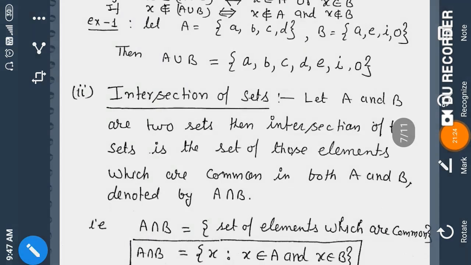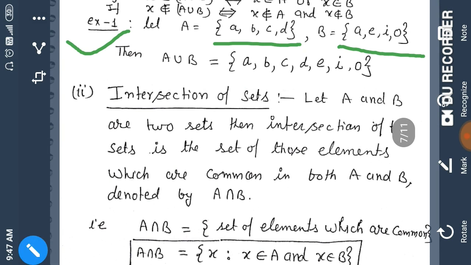Let's take example number 1. Let A be equal to {a, b, c, d} and B be equal to {a, e, i, o}. Then we have to find A union B. What is the definition of A union B? A union B is the set of those elements which are in A or in B or in both A and B. We see that a is here, a is here, so a will be here.